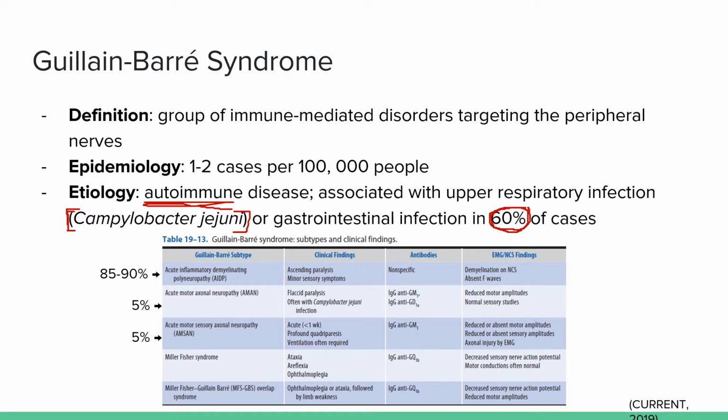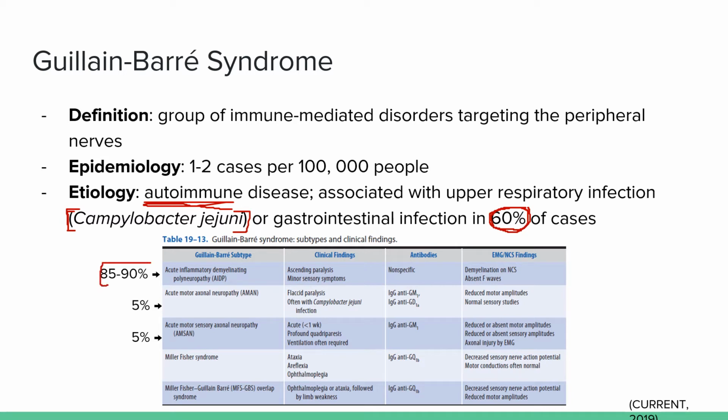This disease can be categorized into 4 subtypes depending on clinical findings, EMG and nerve conduction study findings, and the related antibodies. First we have acute inflammatory demyelinating polyneuropathy.